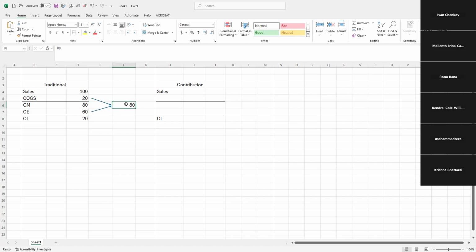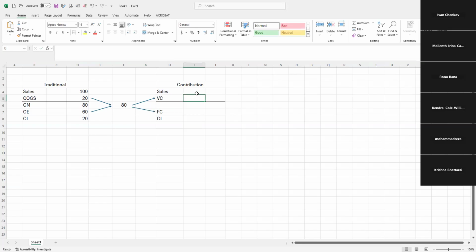Then I'm going to look at how these costs behave. And I'm going to say, okay, those costs are either variable cost or fixed cost. There's nothing else. And I'm going to pull those 80 from here and move them. Variable cost is going to come as a variable cost, and fixed cost is going to come as a fixed cost. And that's all I'm going to do.